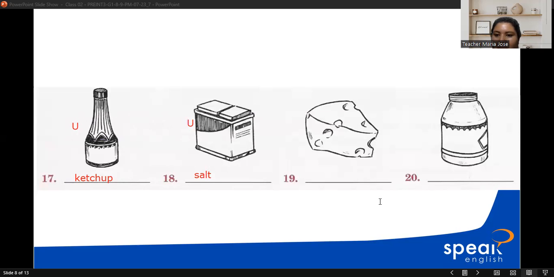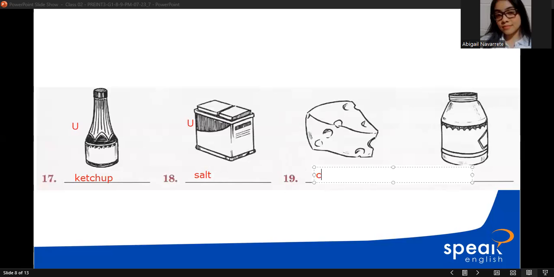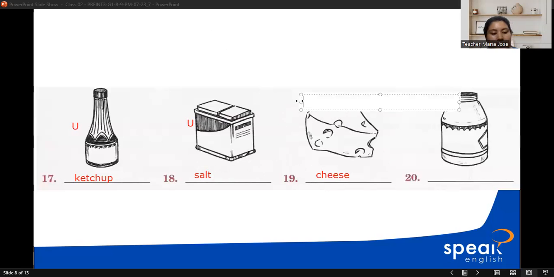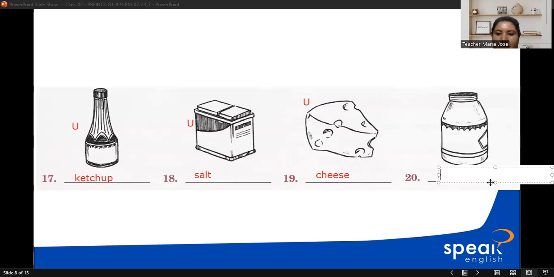Okay, what about number 19, Abigail? Cheese. And this is? Uncountable. Excellent. And the last one, what do you think? Nicolas? Maybe it's wait a minute, teacher. I don't remember the word. Okay, don't worry. I think it's mustard.